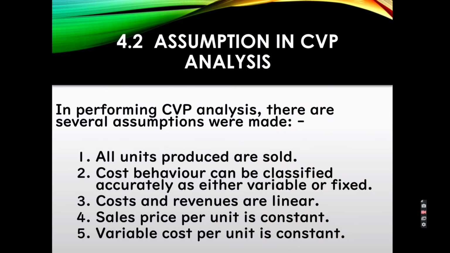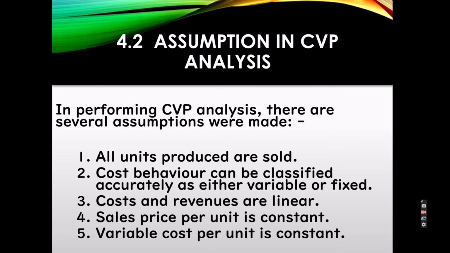Assumptions in CVP analysis. In performing CVP analysis, there are several assumptions made. 1. All units produced are sold. 2. Cost behavior can be classified accurately as either variable or fixed. 3.